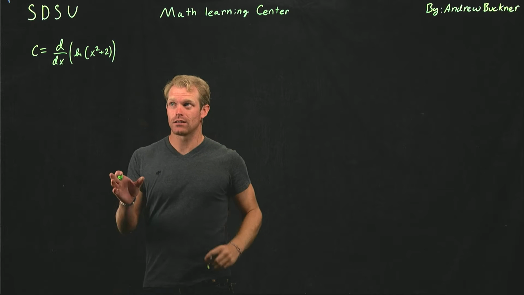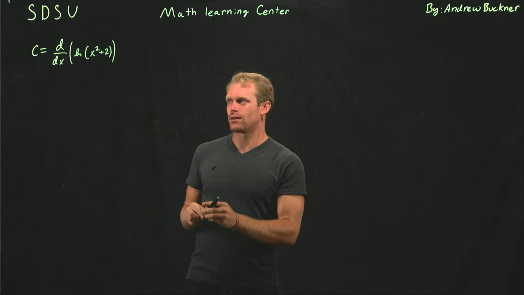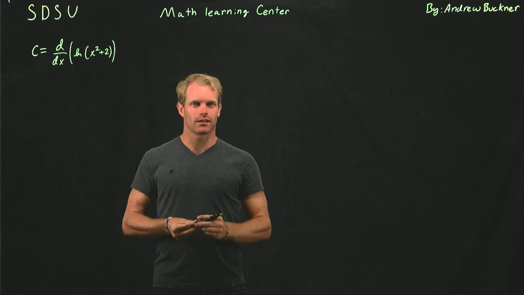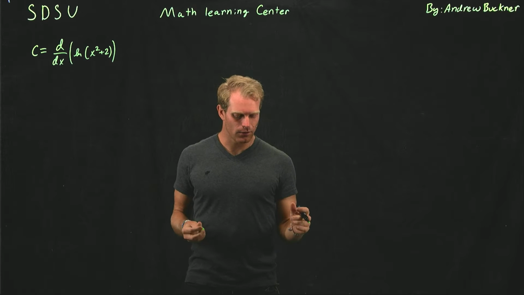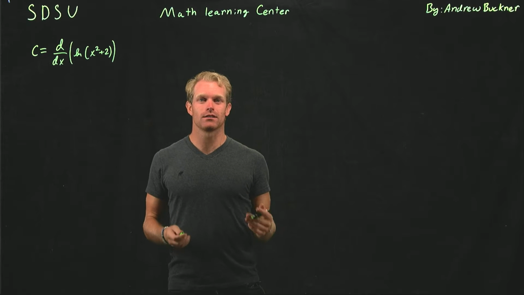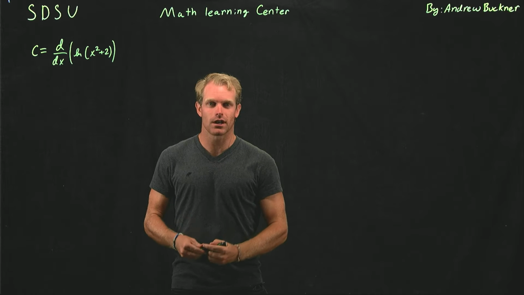Now when I see a function inside a function, I know that's a compound function, and what makes it really convenient is if we use what's called the chain rule.